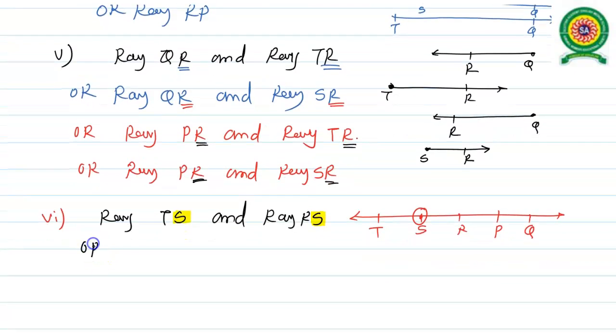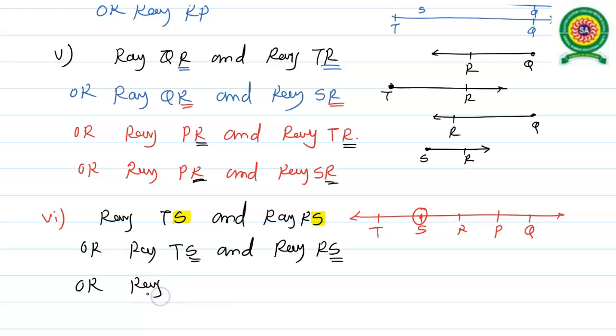Or you may make the combination ray TS and ray RS. Or ray RS and the other ray PS. Here both have the end point S. Or you may have ray PS and ray QS, or ray RS and ray QS and so on.